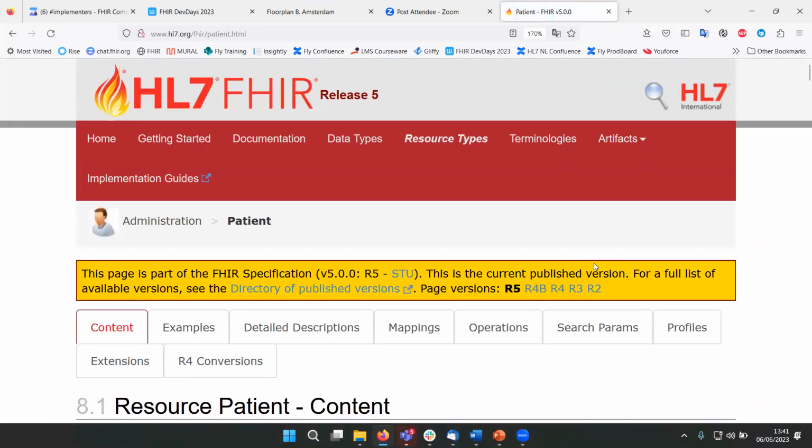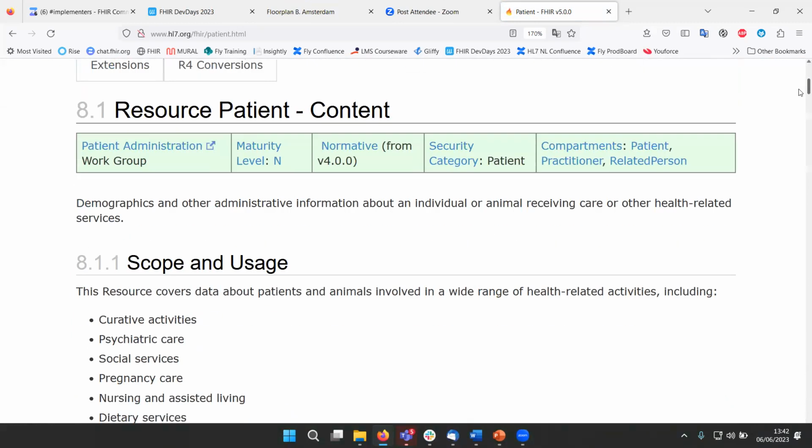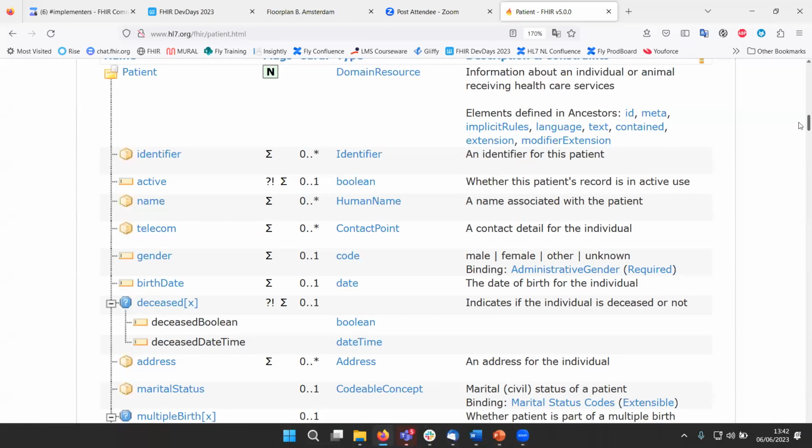Patient is one of the key resources, the equivalent of the PID segment. And obviously, if we start looking at the documentation, we have a tree-like definition that contains these 80% of common use cases, data elements that capture the data related to those.